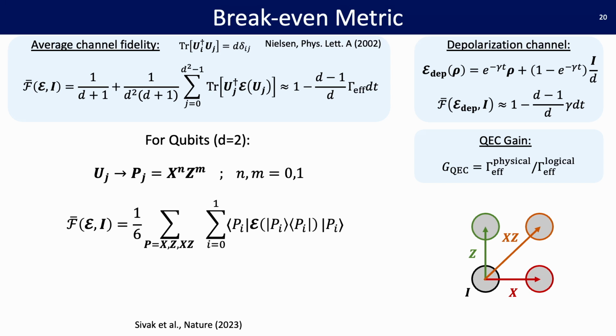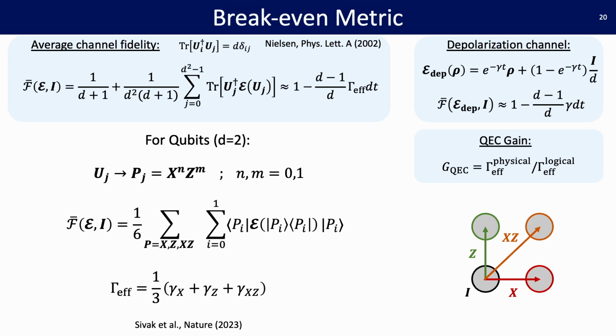Here I've written y as xz, because it'll need generalizing to qudits. And this expression inside the summation is now something I can experimentally measure. It corresponds to preparing a given Pauli eigenstate, performing error correction, and measuring the probability that I remain in that same state. And the effective depolarization rate of our logical qubit in this case can be written as an average over the decay rates of each of these cardinal Pauli directions.